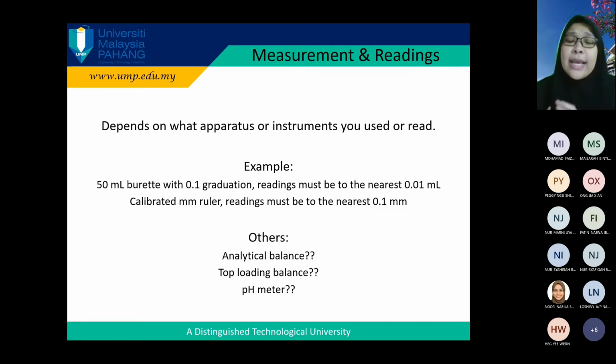So what about others? Analytical balance, top loading balance, pH meter, what are the readings, the measurements of those apparatus? So it depends.